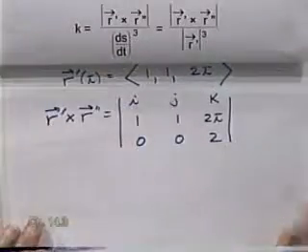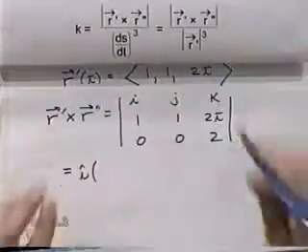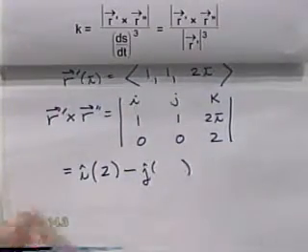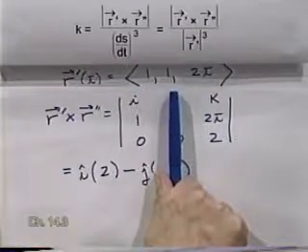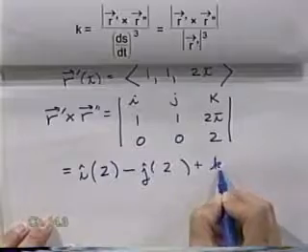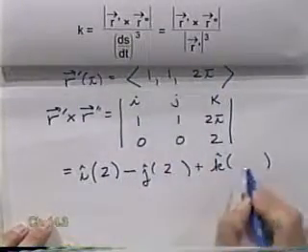Now I figure out r prime cross r double prime. This equals i times, eliminating the row and column that i is in, 2 minus 0. Minus j times, eliminating the row and column that j is in, 2 minus 0. Plus k times, eliminating the row and column that k is in, 0 minus 0, which is 0.